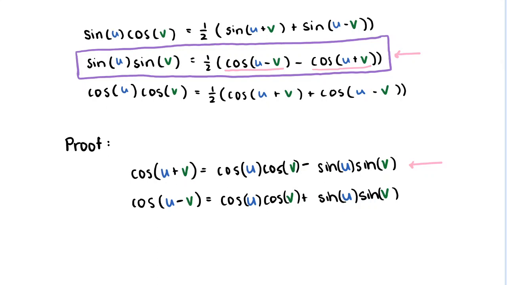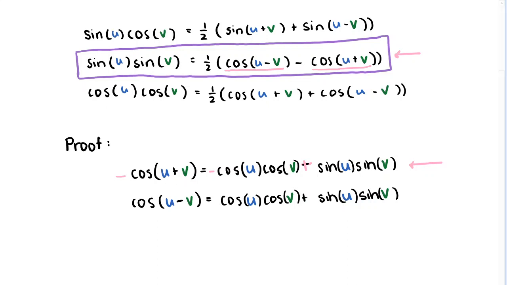If I negate the left side, that's the same as negating the right side. So negating cosine of u times cosine of v, and then negating negative sine of u times sine of v makes this a plus sine of u sine of v.